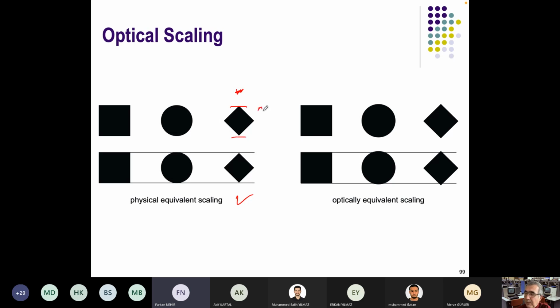So your eyes don't measure the height, your eyes measure the weight of the object. So in order for them to appear the same size, that's also similar for buttons, physical buttons. These ones should be made a little bit taller, so that they will be perceived in a similar size.